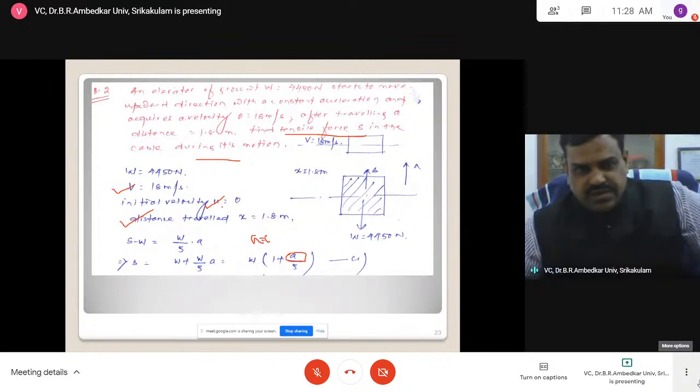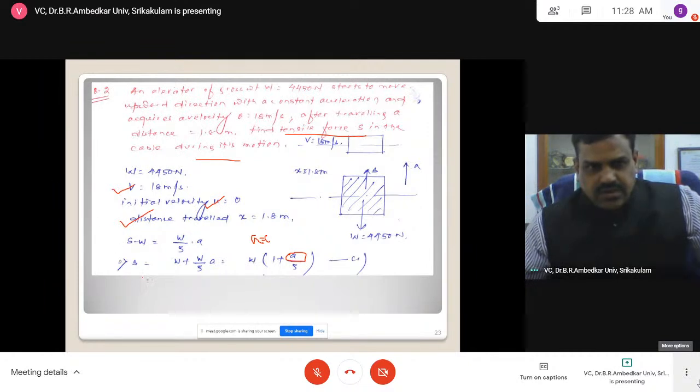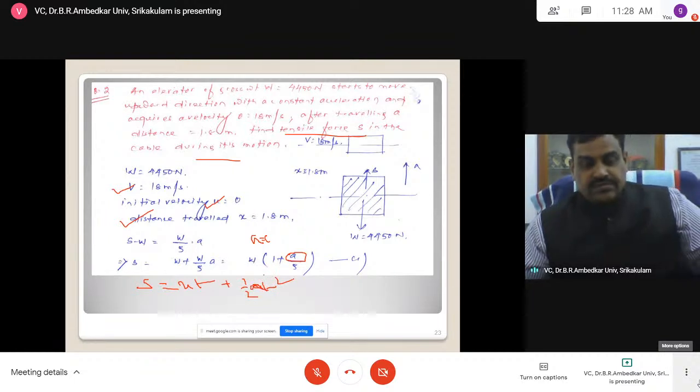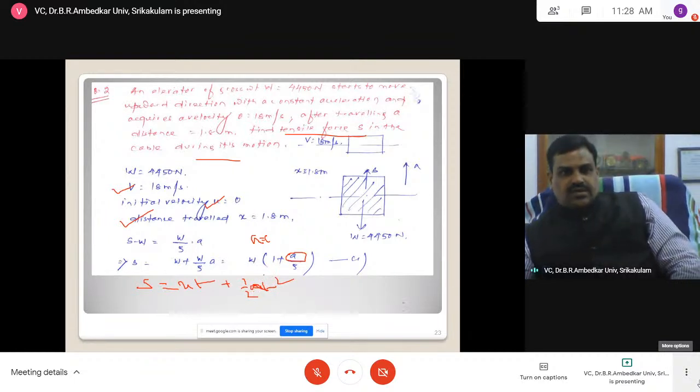Because of that, we can use the expression S = ut + half alpha t square, but t is not given here.